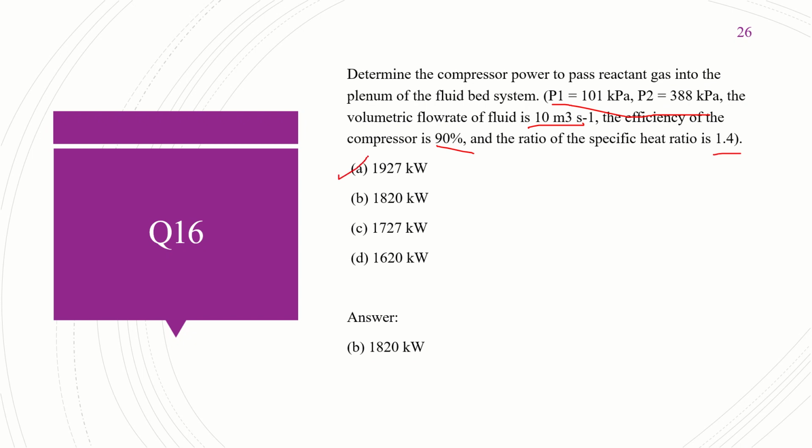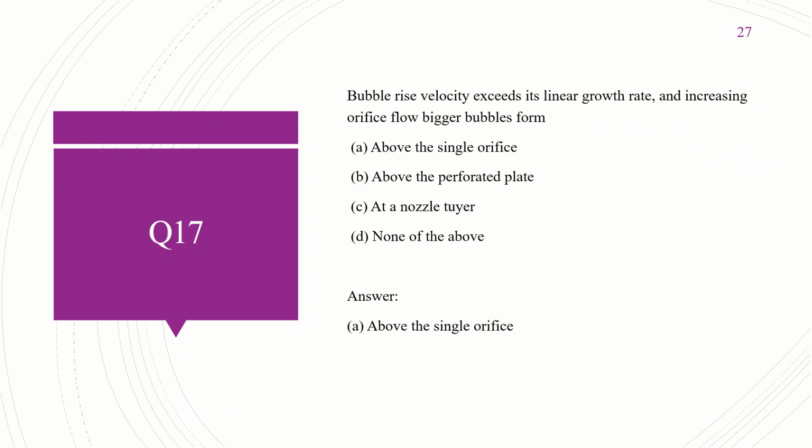Option A is 19,927 kilowatt, option B is 1,820 kilowatt, option C is 1,727 kilowatt, option D is 1,620 kilowatt. So the right answer is option B, 1,820 kilowatt. We'll see how to solve this problem.